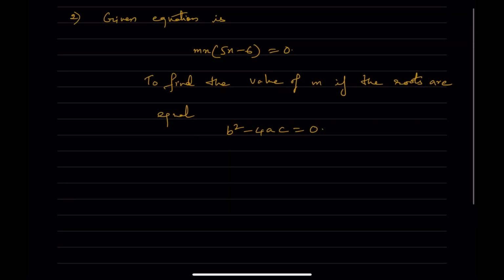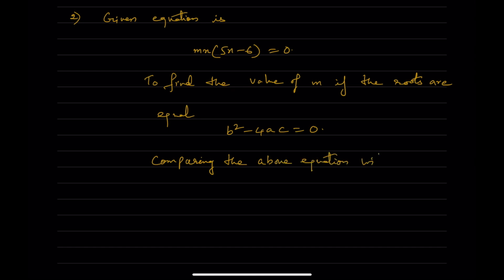So now if you consider the general form, comparing the above equation with the general equation, that is ax square plus bx plus c is equal to 0.